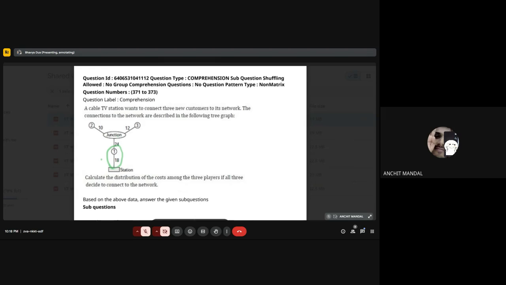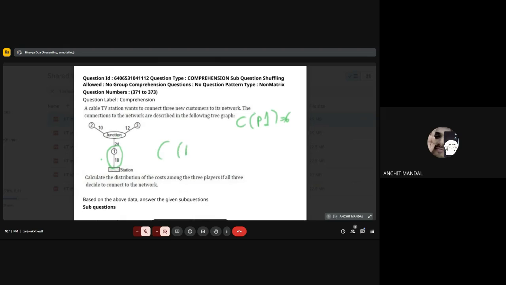So the cost for player 1 is 18 divided by 3, which is 6.